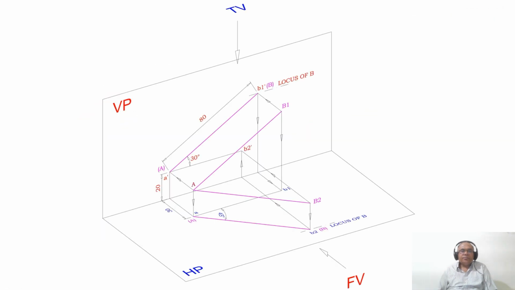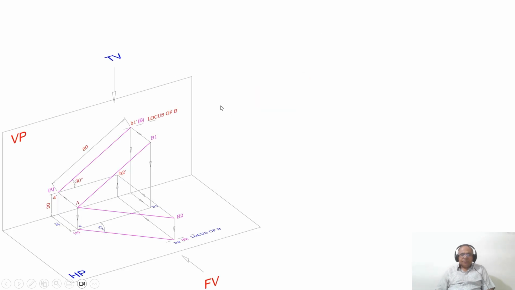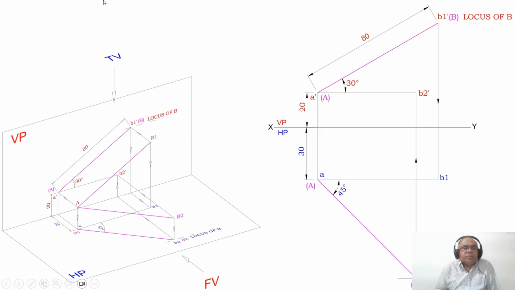Now, what we will do? Now we will see. Here, since it is the true length in HP, obviously that should be parallel to HP. So, when you look from the front view, what happens? Both A and B2 are equidistant from the horizontal plane. So, what I need to do?